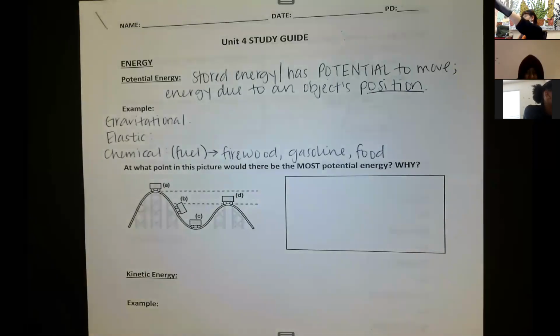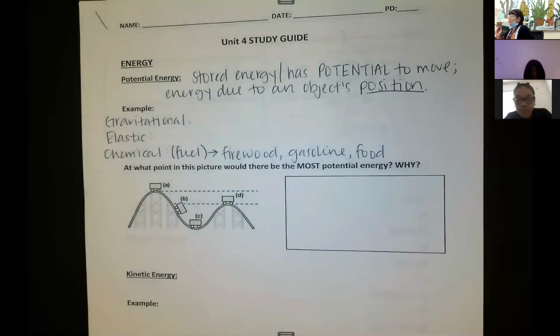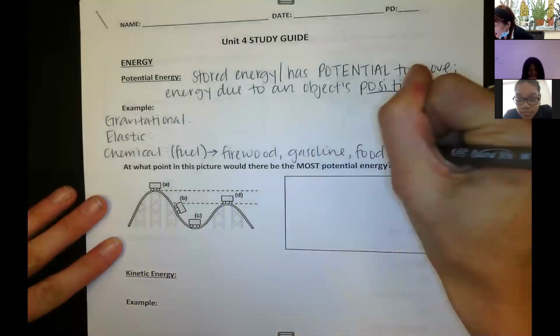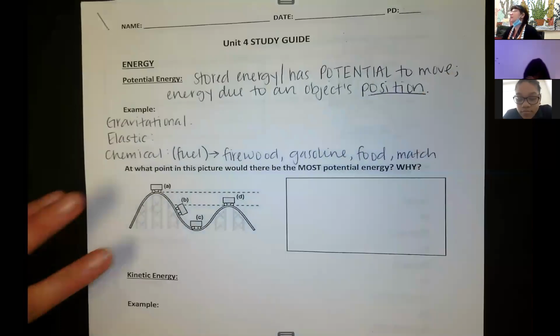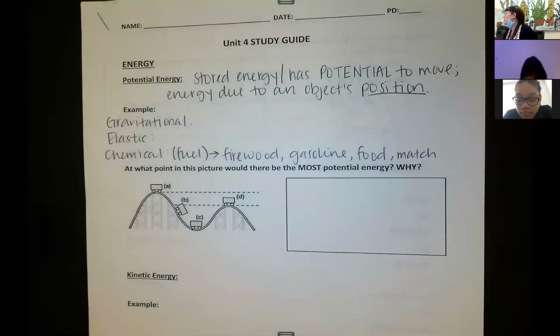But as soon as I lit it, very good. So you're absolutely right. A match before I light it is chemical, but as soon as it lights, it's no longer chemical because it's now thermal and radiant.